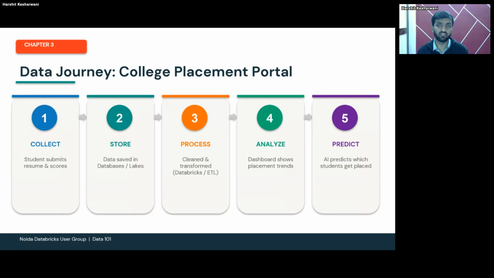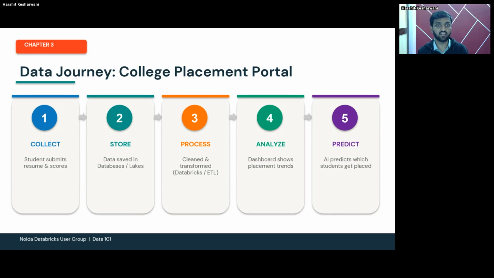So you are submitting your details: my name is Harshit, I have got 8 CGPA, this is my resume, these are my scores in all these subjects, and so much other information. Or simply you are putting your roll number, your resume, and your total grade points, right? Now once you fill that form, this data is getting stored into a database or a lakehouse, right?